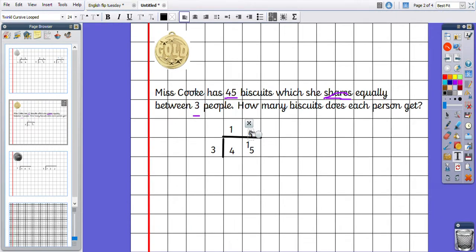I can make 5 groups. And then I need to answer in a sentence because my question was a sentence, and I will write, each person gets 15 biscuits. Okay, so you are just applying the skills you have learned from silver into reasoning and problem solving questions.